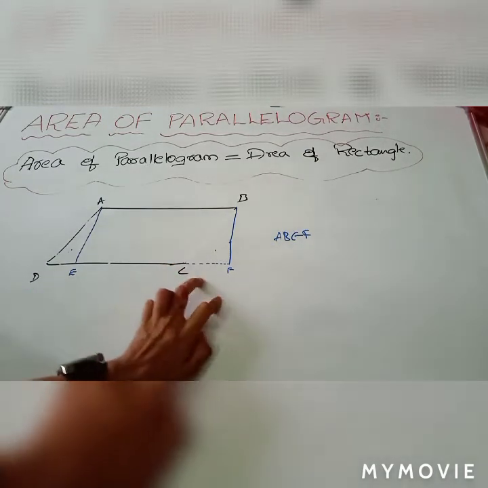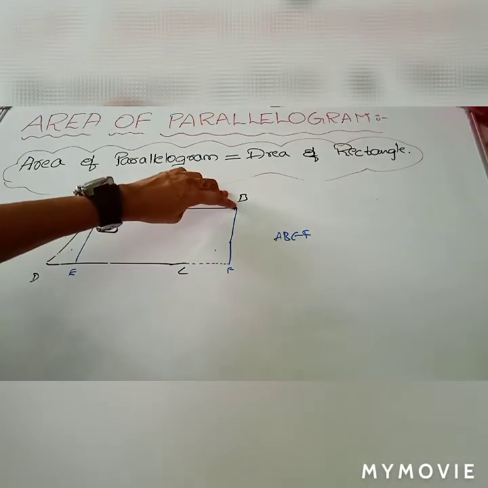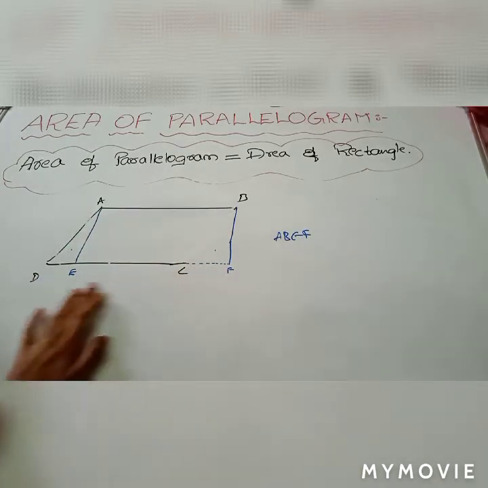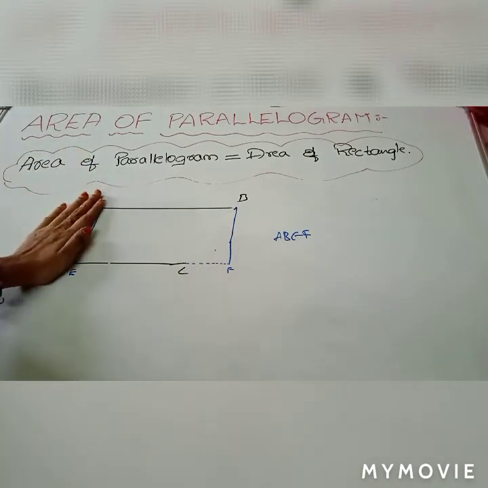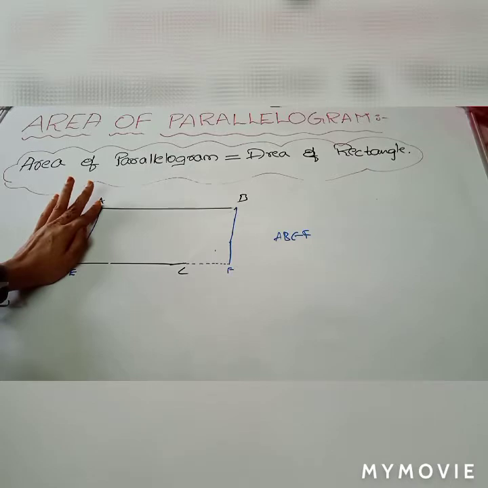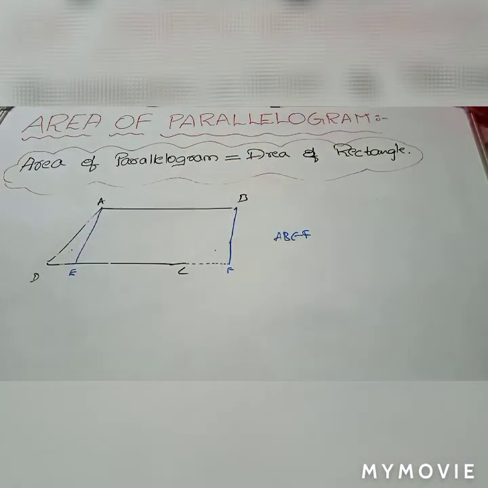From C we extended a line F, and from point B we drew a vertical line perpendicular to base DF. If I close this figure, the remaining part is a rectangle, isn't it? So from the parallelogram, it forms a rectangle. That means the area of a parallelogram is equal to the area of a rectangle.